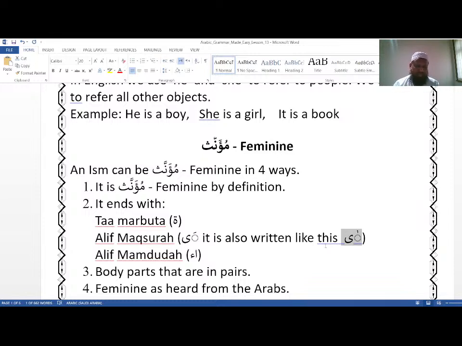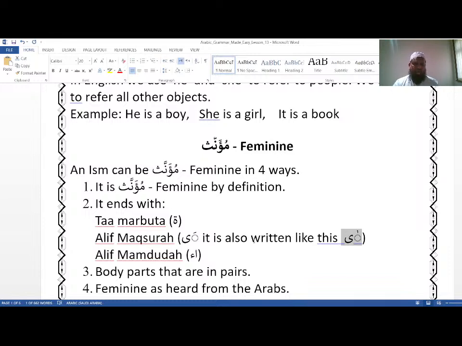And number 4, feminine, as heard from the Arabs. We will not see any signs, but the Arabs use them as feminine. Those words are feminine. We're going to go through these one by one.